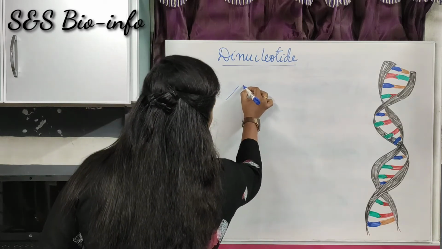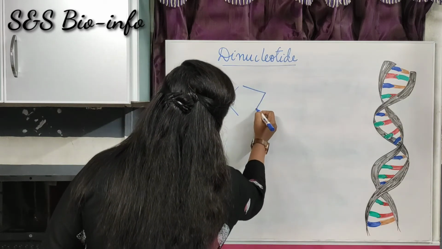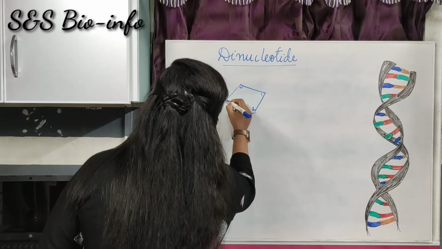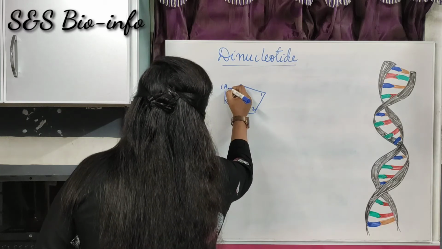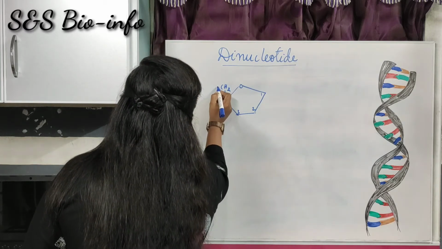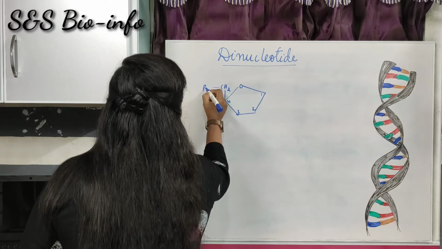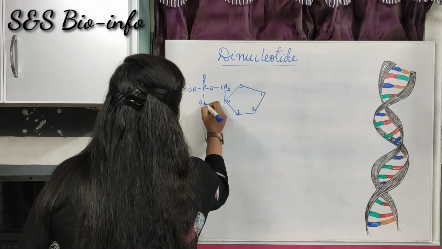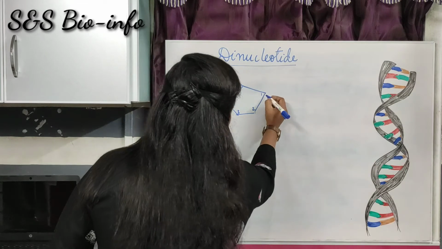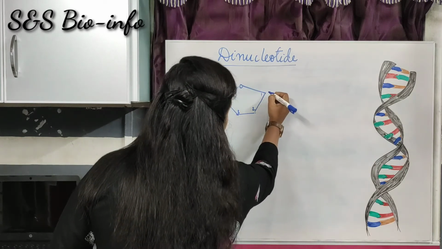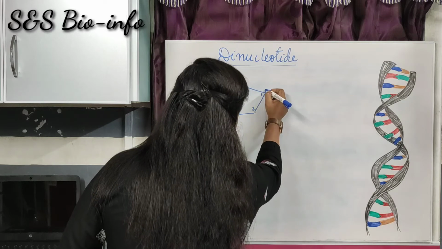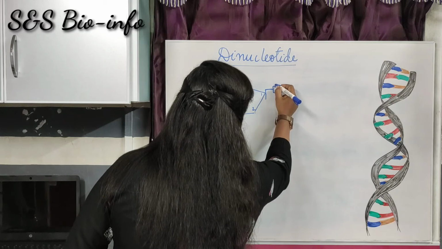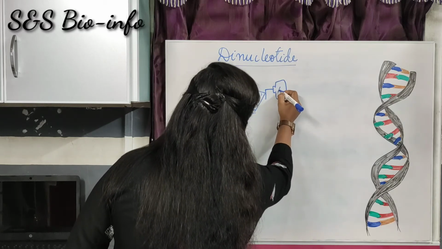You know that the pentose sugar is a 5-carbon sugar. Okay, it has 5 carbon atoms, first position, second, third, fourth, fifth position, and it has a link with the phosphate group like this, and the first position of the carbon atom is attached with the adenine, so it can be represented as a box like structure, adenine.